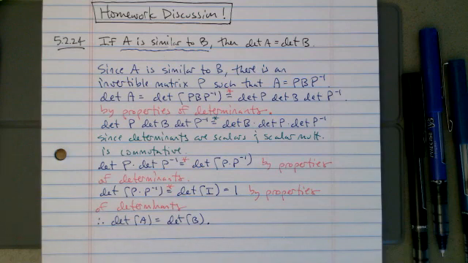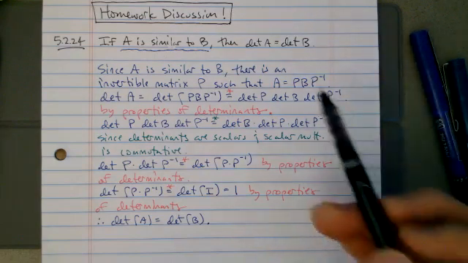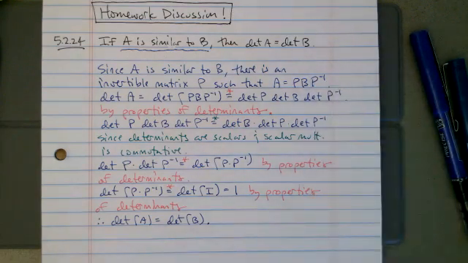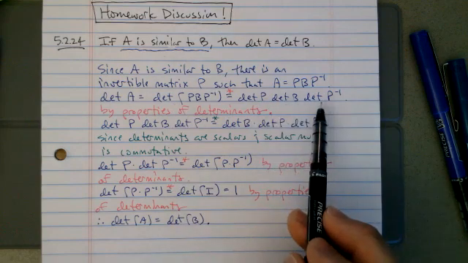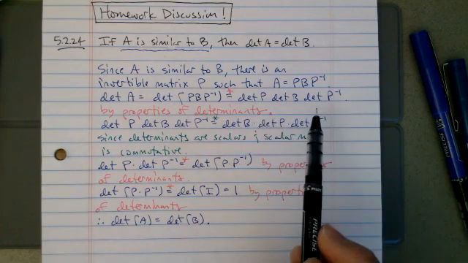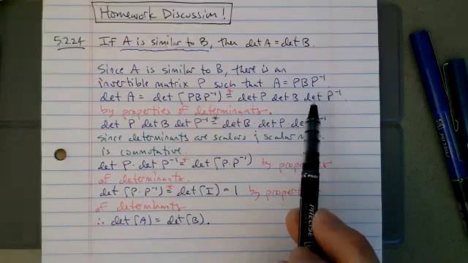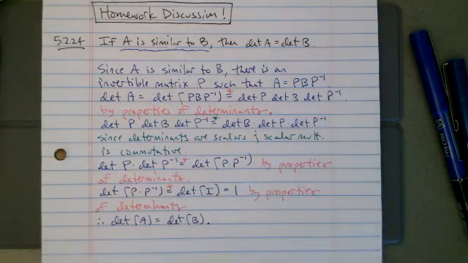And then once we're in the land of determinants, everything is scalar multiplication. I can't rearrange the order of P times B times P inverse because those are matrices, and matrix multiplication is not commutative. But once we are allowed to break this into scalar multiplication, that is commutative. So I can move the determinant of P over here, and it cancels out with the determinant of P inverse.